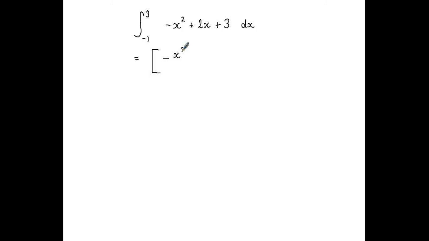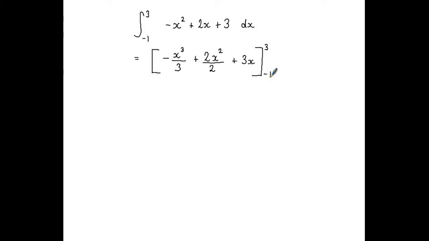So we're going to have x cubed over 3. Again, plus 2, increase the power, so it goes up to x squared, and divide by it. The number on its own, remember we need to add an x to it, so this one's going to be plus 3x. Close your square brackets, limits on the side.